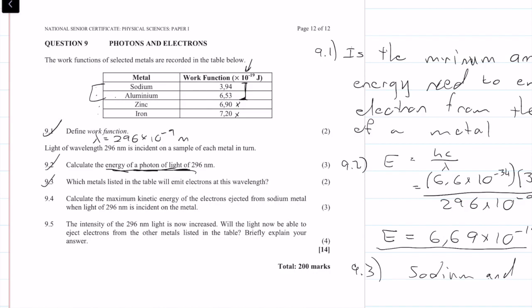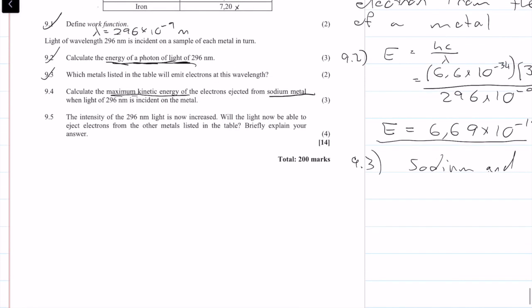Then it says, calculate the maximum kinetic energy of the electrons ejected from the sodium metal when that wavelength of light is used. So we're looking at sodium. Question 9.4, we're going to use the equation hf. Remember we want kinetic energy, EK. So we can use the equation hf is equal to the work function plus EK max, because we want the maximum kinetic energy.